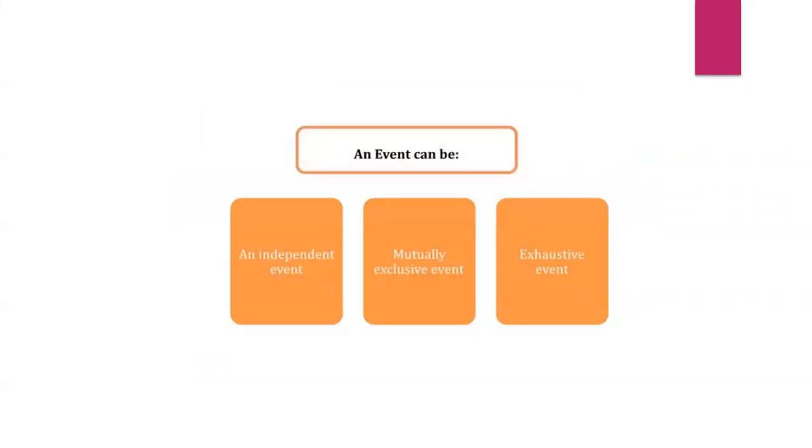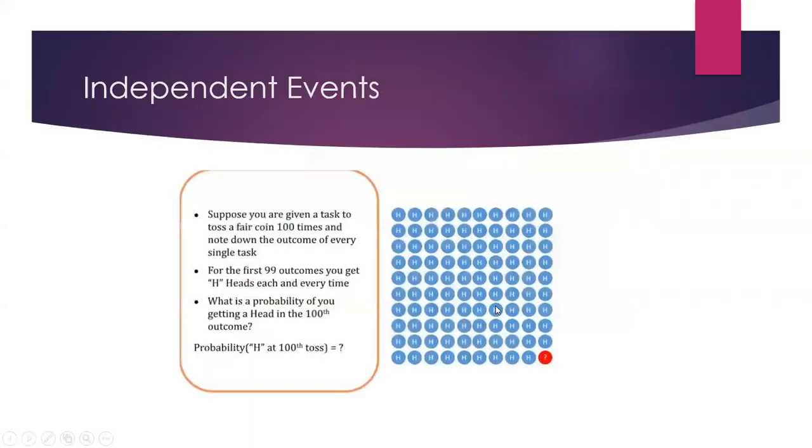So now we know what is an event. The event can be an independent event or mutually exclusive event or exhaustive event. So let us now look into an example. Say you are given a coin, and you are supposed to toss the coin 100 times and note down the outcome.